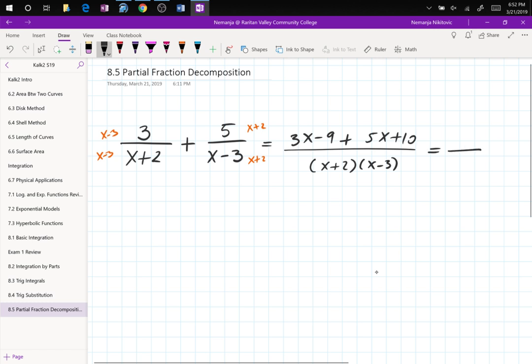And finally, I have a total over here of x plus 2, x minus 3, and we have 8x plus 1. So this is the calculation from elementary algebra.